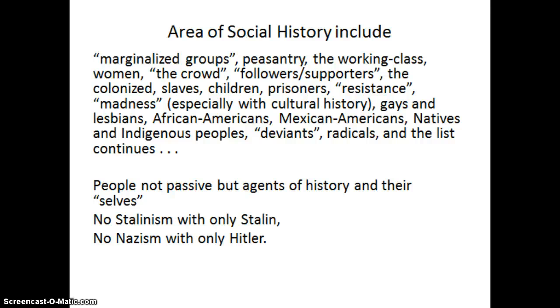One way to look at it is there would be no Stalinism with only Stalin, or no Nazism with only Hitler. They need not only supporters, but many times these people are really pushing forward these ideas.